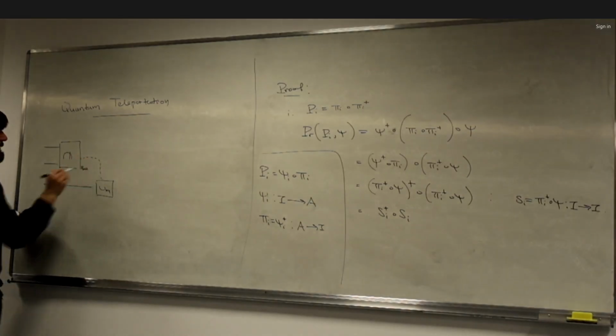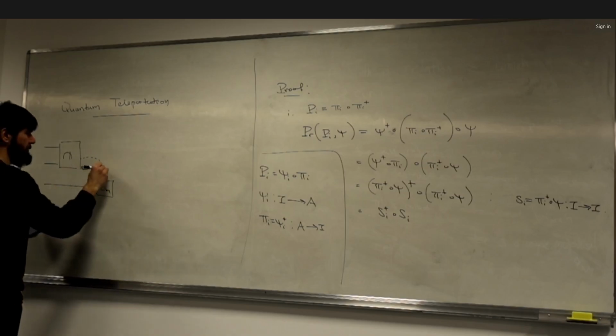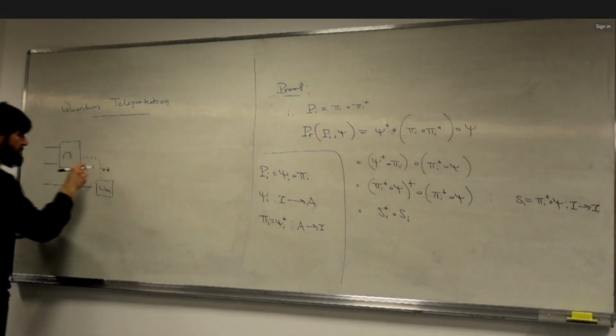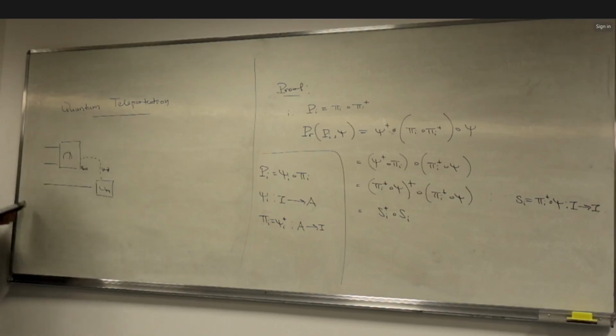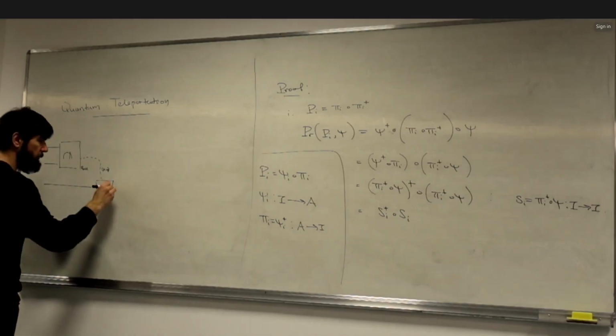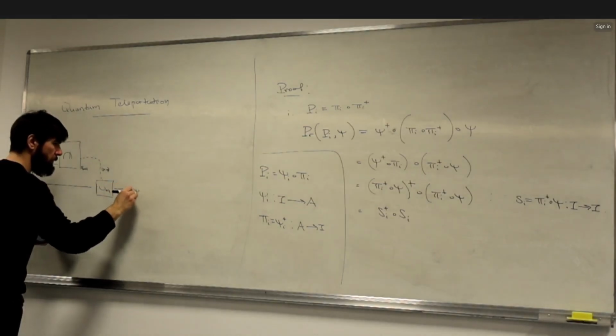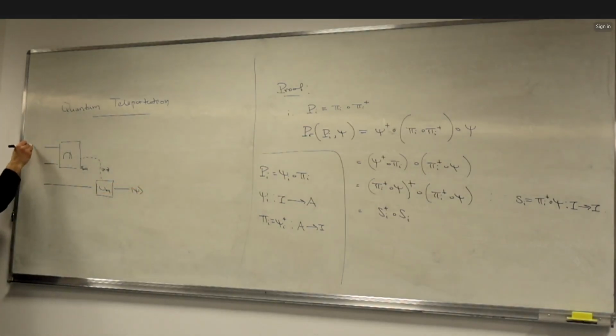I will use dotted lines to denote a classical channel, just because my double lines look very ugly. No other reason than that.